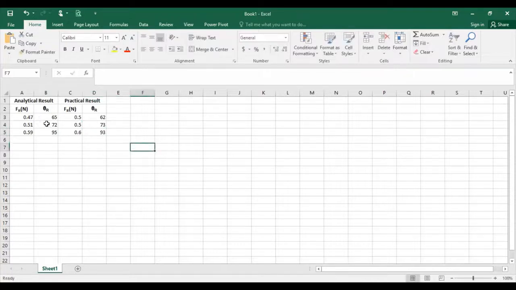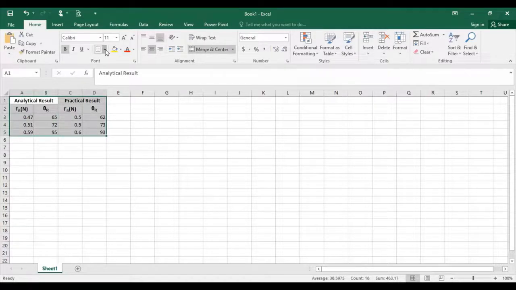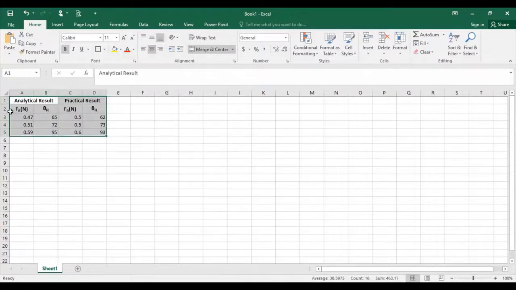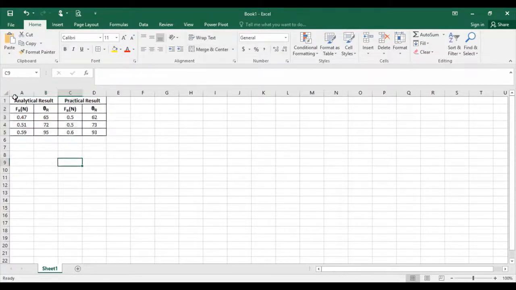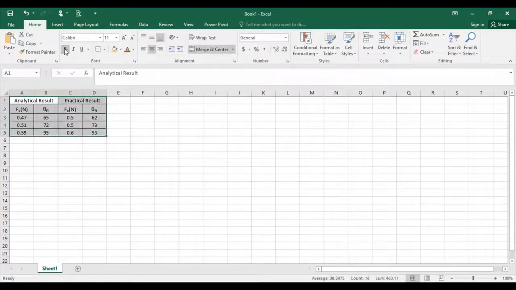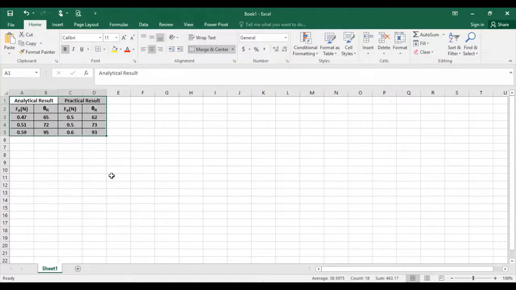Now you have to draw the comparative analysis graph between the analytical result and practical result. So how can you do that? I just want to make it representable, so let me take all the values in the center and make it bold. Hopefully it is looking better now.